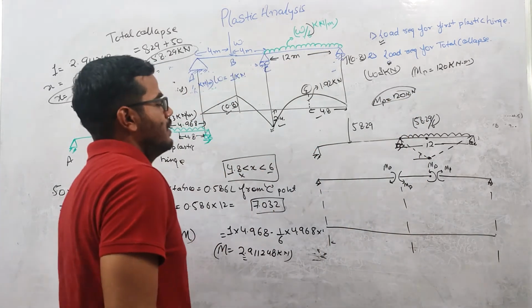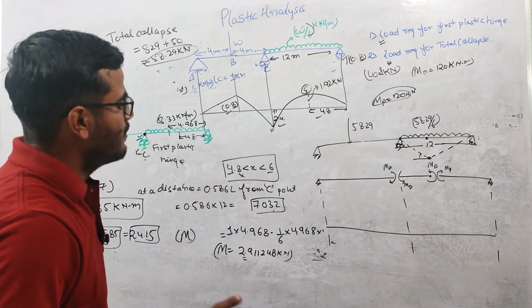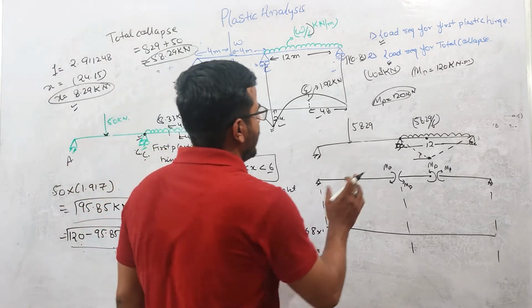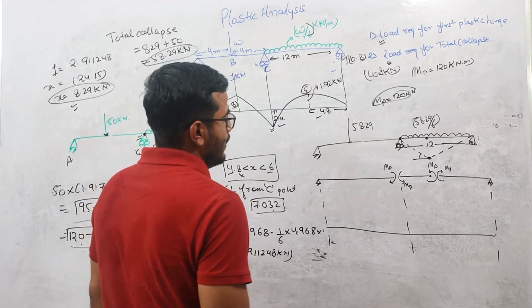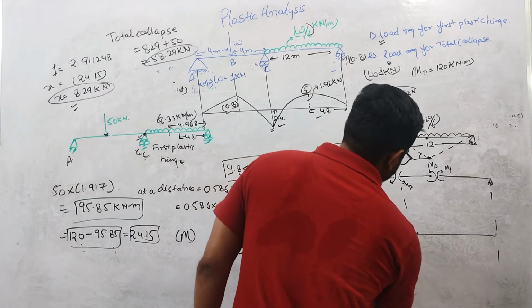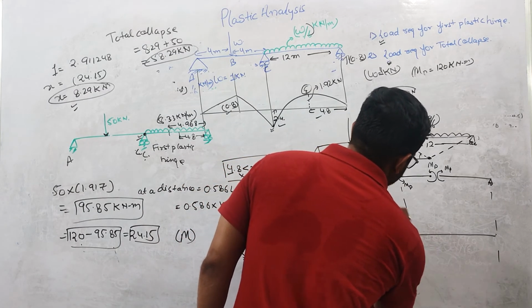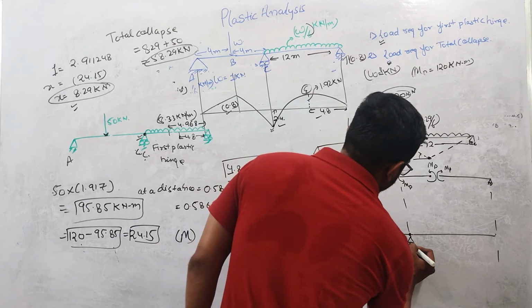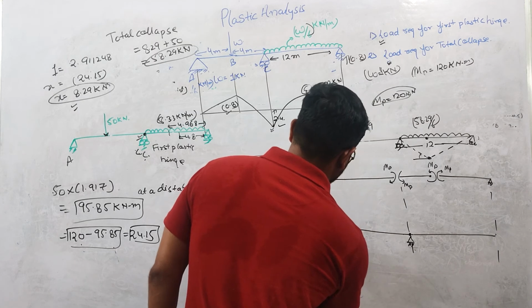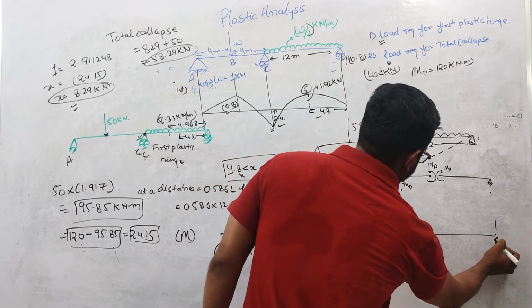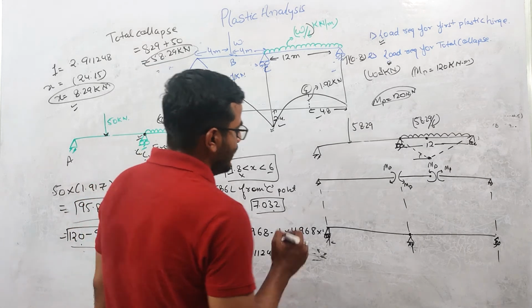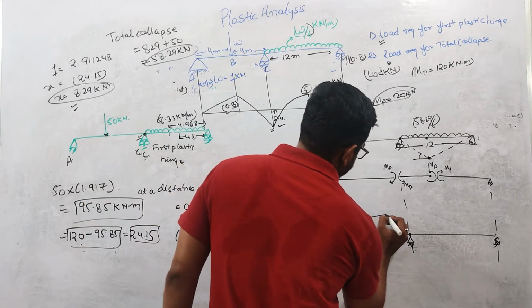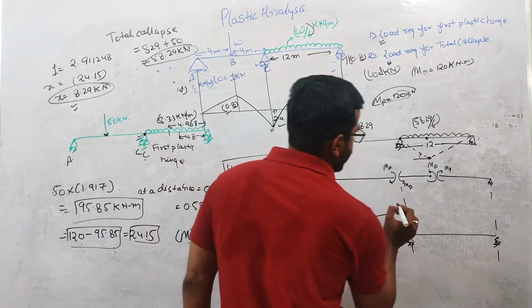The easier way now is to take, let us suppose, B as a redundant. When you take B as a redundant, there will be an internal hinge at this point. Due to this redundant, the moment will look like this. I'm drawing the moment due to the redundant only.